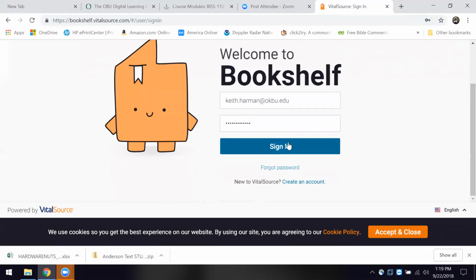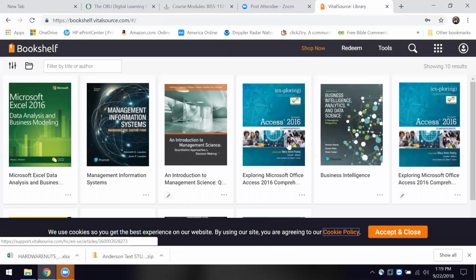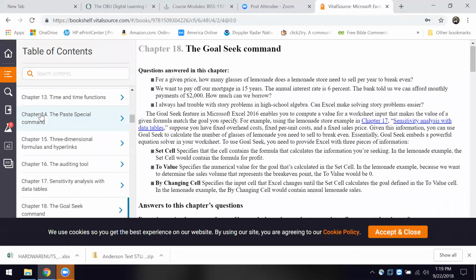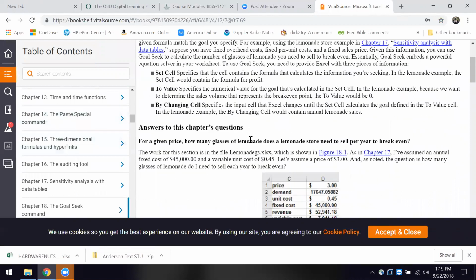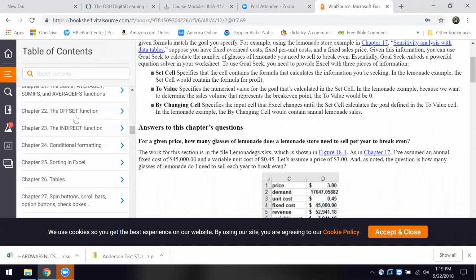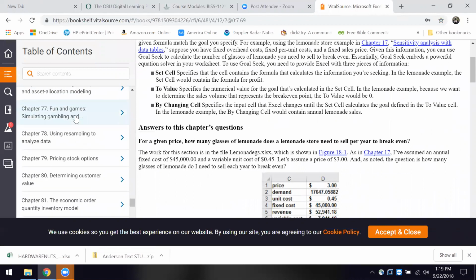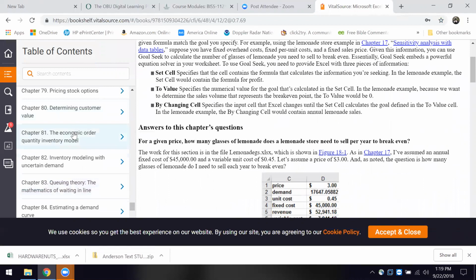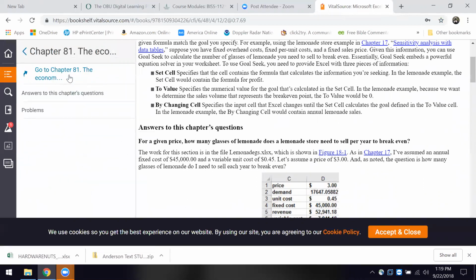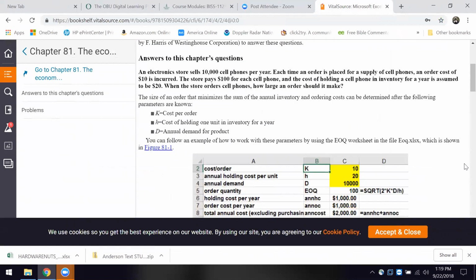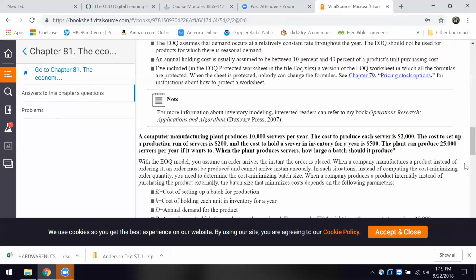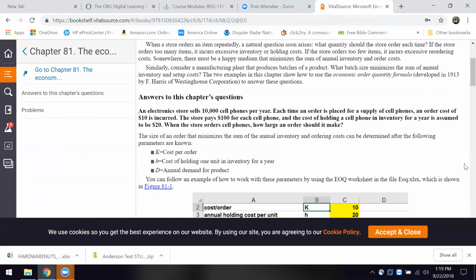I think we're good to go. There we go, and there's the textbook. We were working on chapter 18, but this time we're going to work on chapter 81. So we're going to scroll all the way down here to chapter 81. This deals with the economic order quantity and the economic order batch, and it has the formulas and some good verbiage for you to read.